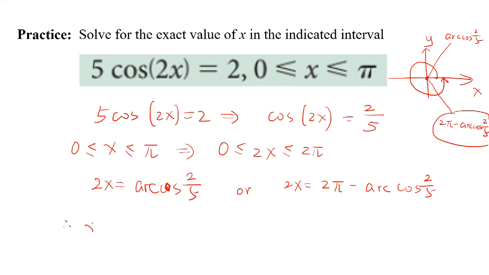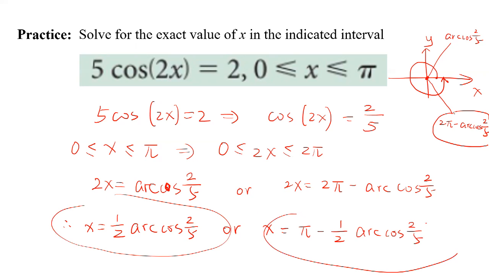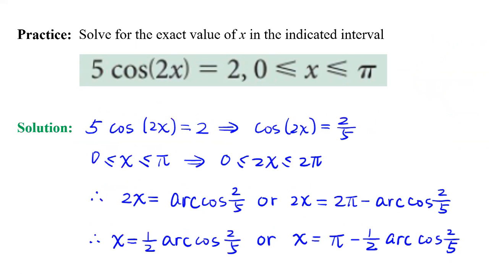So that means x equals 1/2 of arc cosine 2 over 5, or x can also be pi minus 1/2 of arc cosine 2 over 5, right? So there are 2 solutions, okay? Also, you can check the complete solution in this lecture slides after the class.